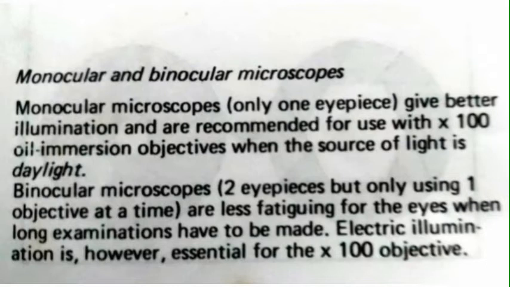A binocular microscope has two eyepieces but uses only one objective at a time, and is less tiring for the eyes when long examinations have to be made. Electric illumination is, however, essential for the 100x objective.